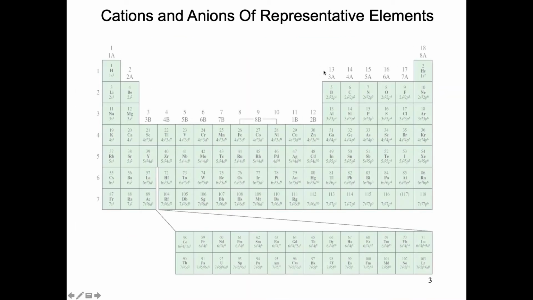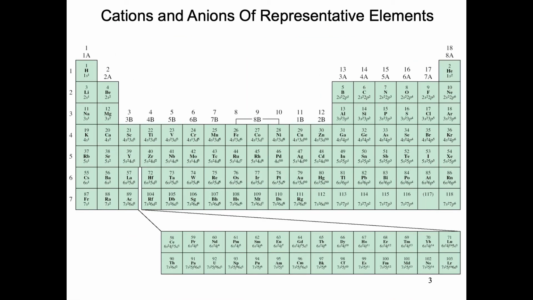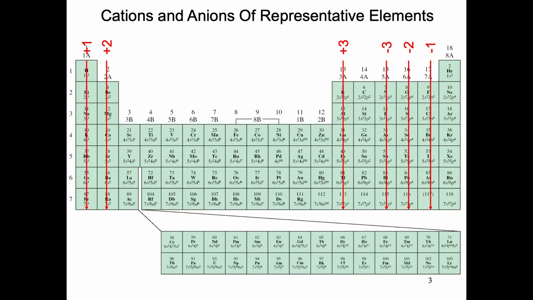And so I think that's pretty much everything you're expected to know in the periodic table. Again, this will help you remember which groups on the periodic table give up or gain electrons. And so there you have it.